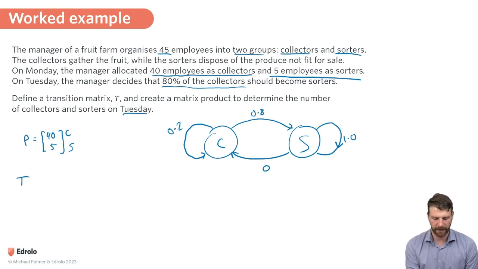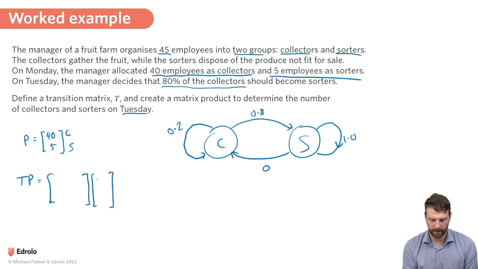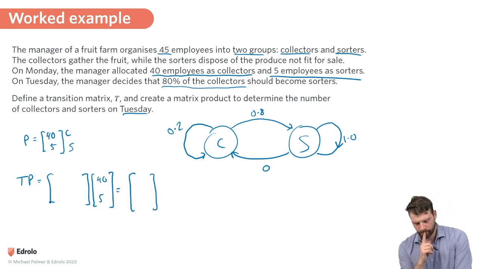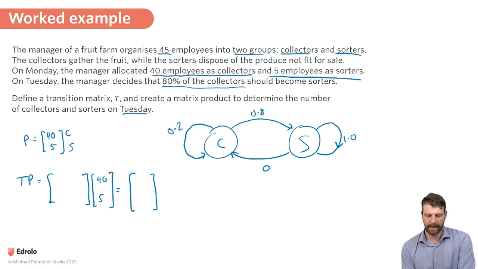So we're going to do TP, which is some transition matrix times that 40 and 5, and my final matrix should be what I get on Tuesday. I'm supposed to get 80% of collectors becoming sorters, so that means 20% of these need to return to being collectors.